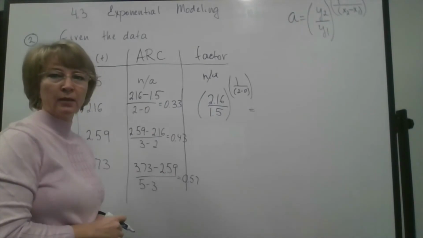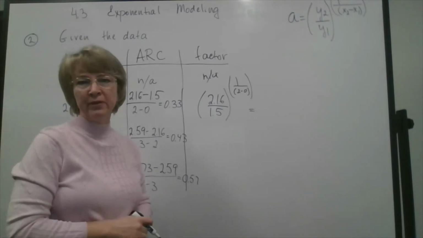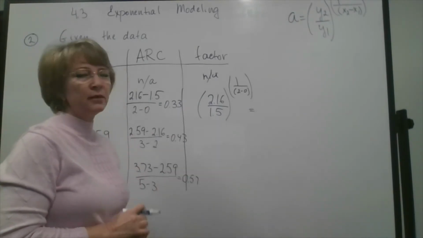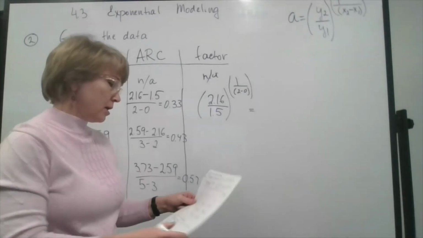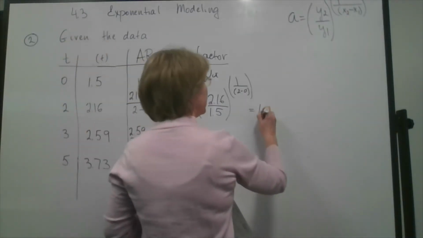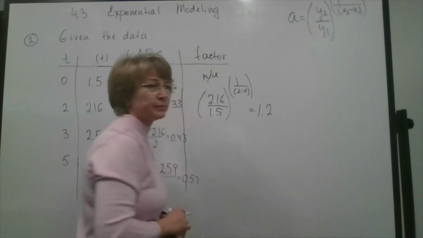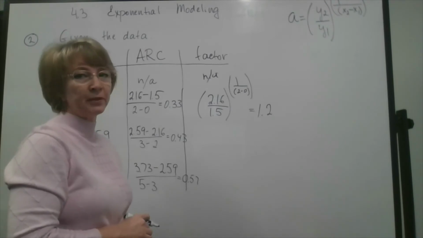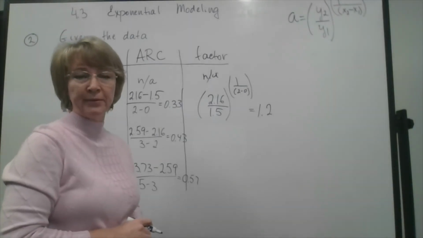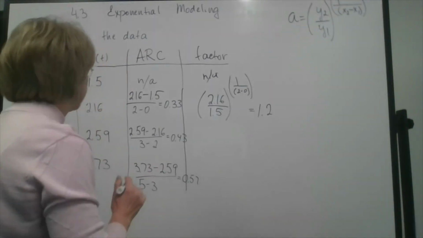Now it's a good idea to stop my video and type this on a calculator and get the answer. I hope your answer is 1.2. If not, please review your typing. Probably you made a mistake in typing. Moving on.